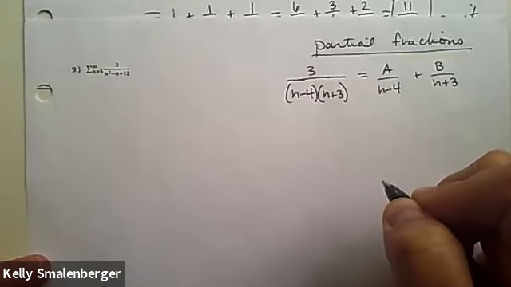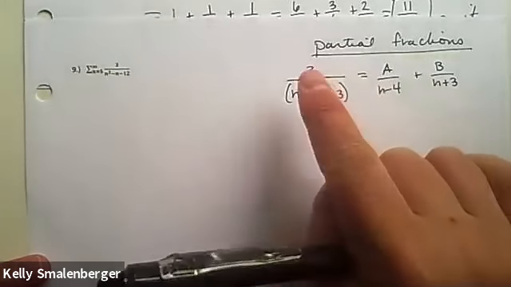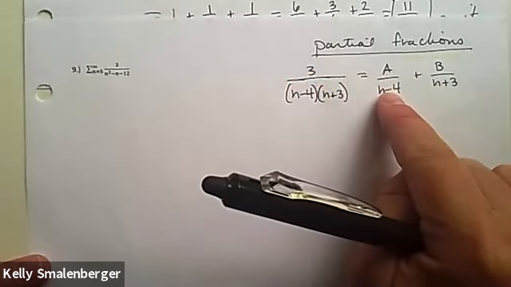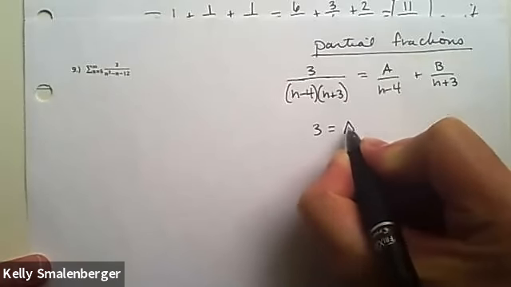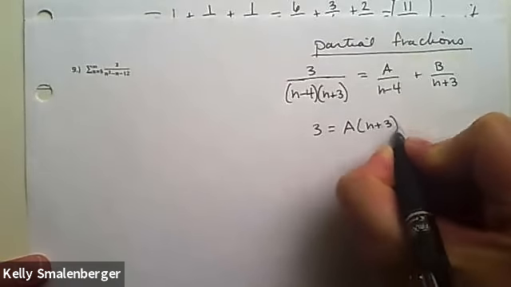So you can cross multiply and get... Ooh, I don't like cross multiply. Cross multiply is when you have a fraction equals another fraction. Right, that was the wrong word. You're going to get A(n plus 3) plus B(n minus 4) equals 3. Okay, so what you did was you multiplied by the least common denominator.